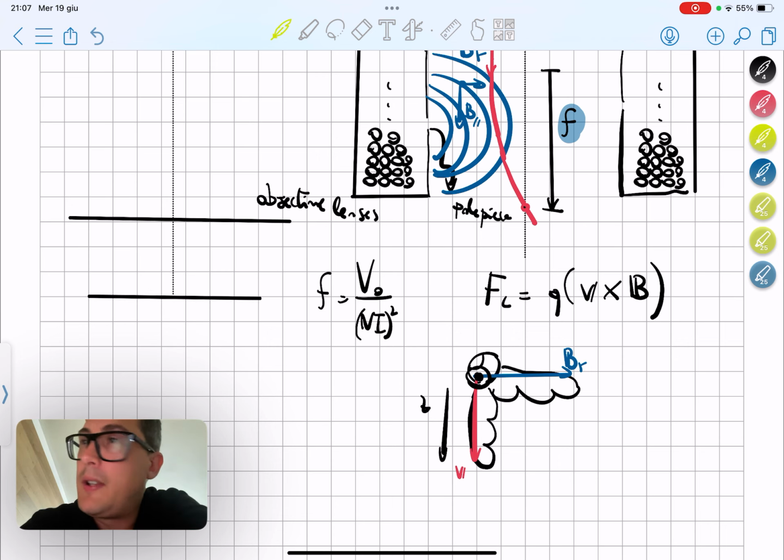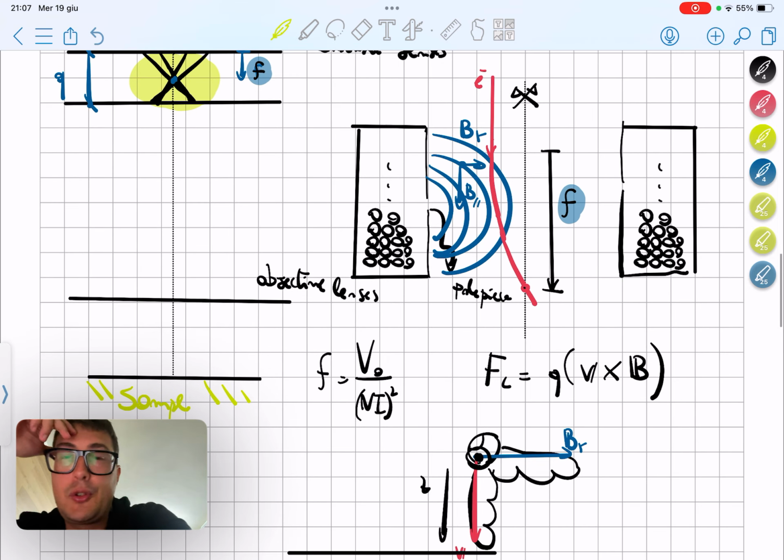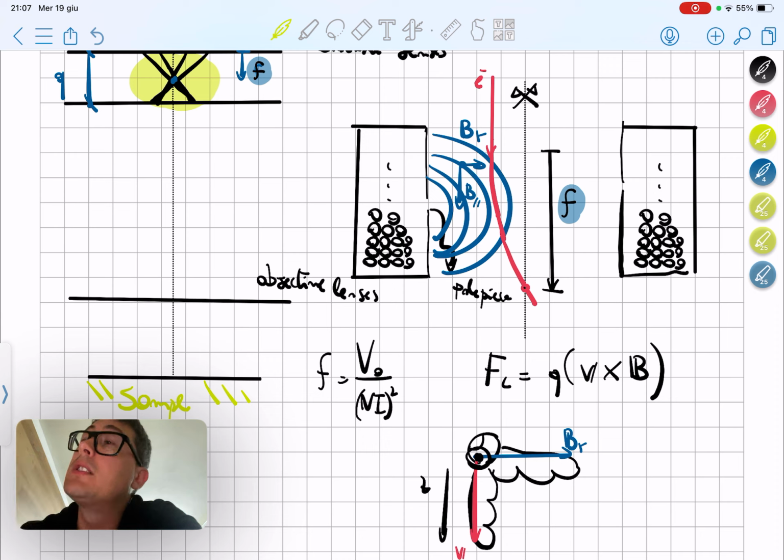So the sample is down here. This is our beautiful sample. Of course, everything has to be put into vacuum in order to avoid interaction between the electrons and the gases in the containers.